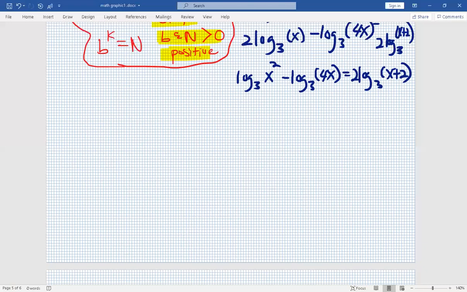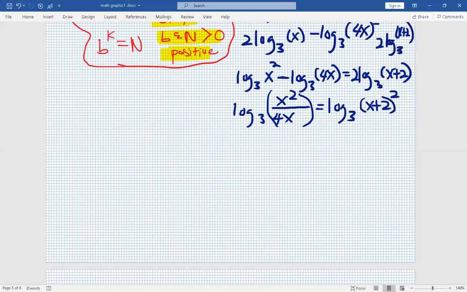So now we're gonna use the division here. Because it's minus, it becomes division, so make sure you put a parenthesis there so it's a lot more clear. Then here you could also put log 3, and the 2 also goes up there, which is the power property of log.